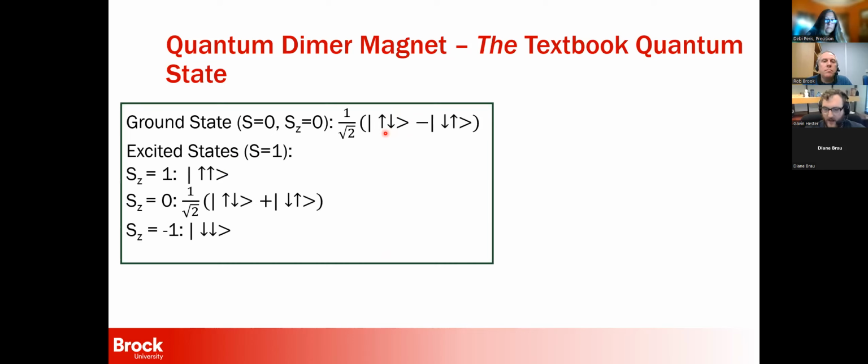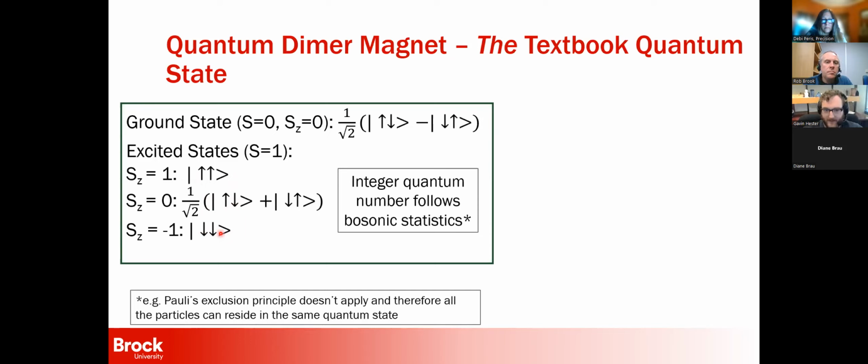Then in an early quantum mechanics class you would take as an undergraduate physics major, you calculate the excited states of this system. You get a state with both spins parallel to an arbitrary z-axis, one state where they're again coupled opposite one another but in superposition, and then finally a state where they're anti-parallel to the field.